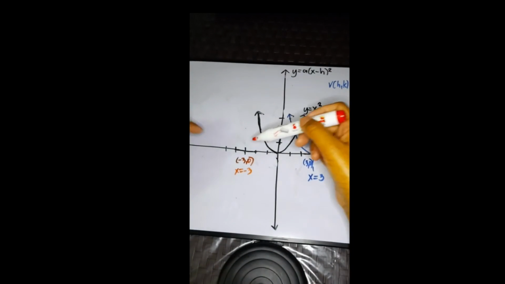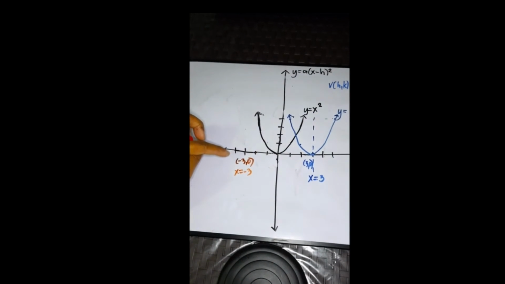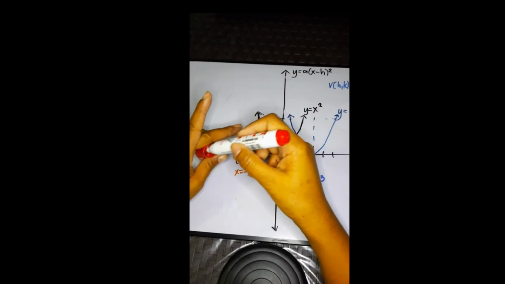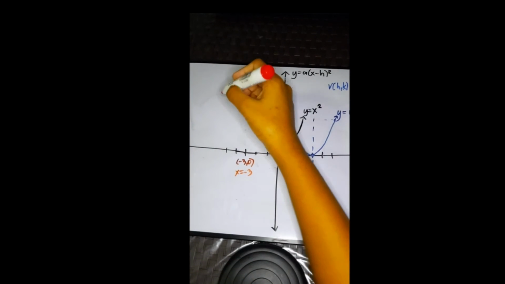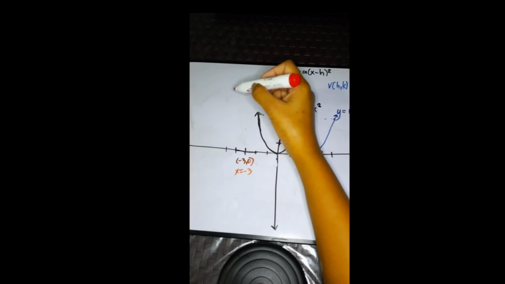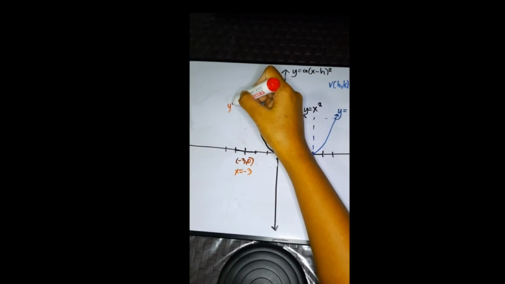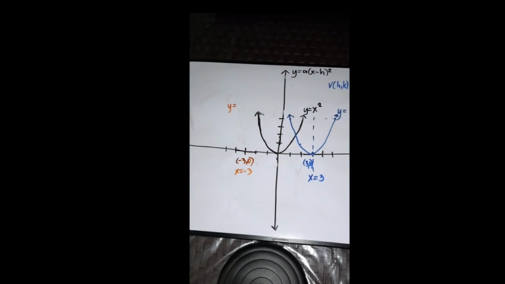So, if x is equal to negative 2, so therefore, we can now have our equation y is equal to, syempre yung a natin is 1 kasi shinif natin yung y is equal to x squared.